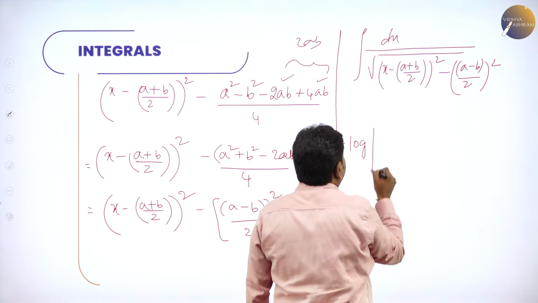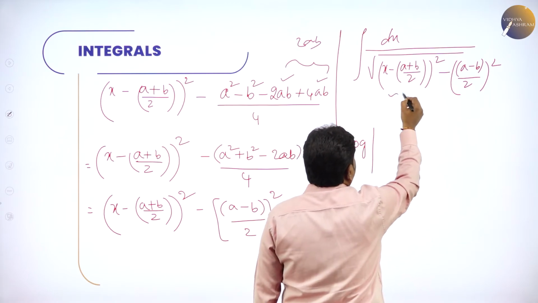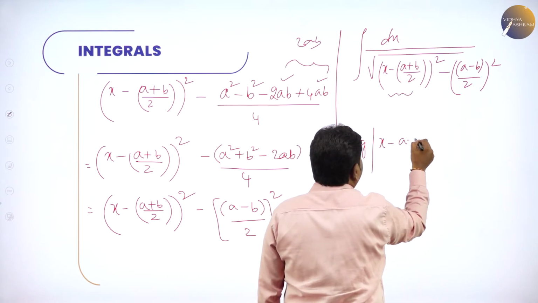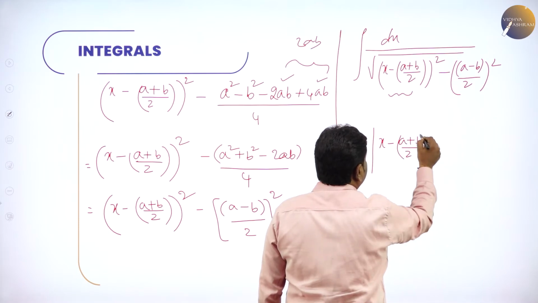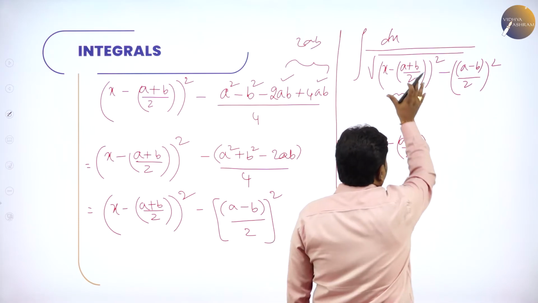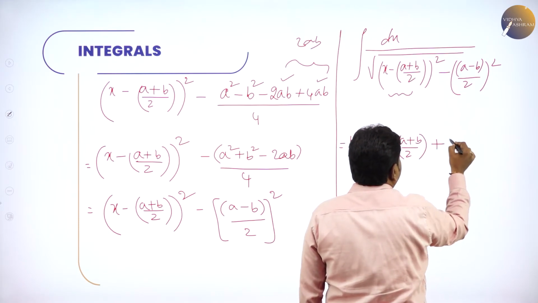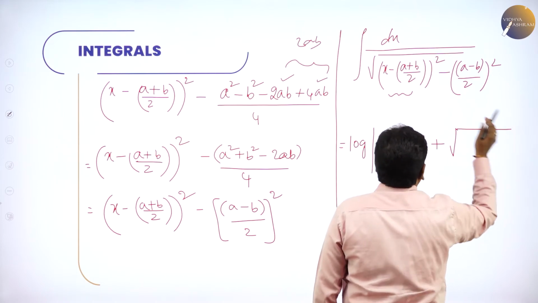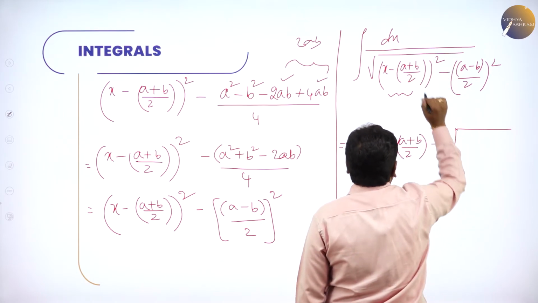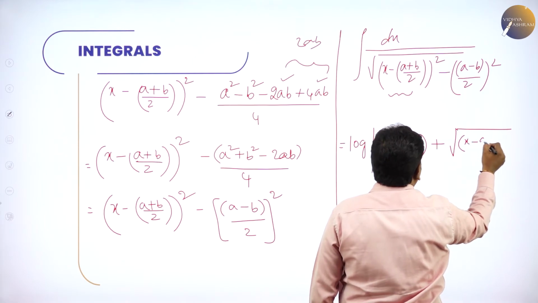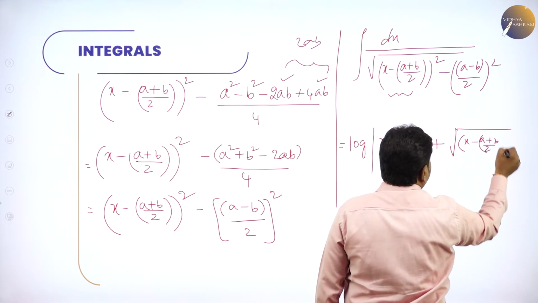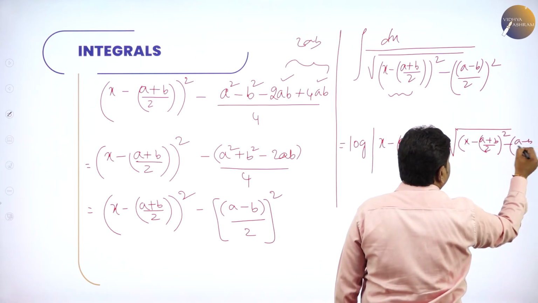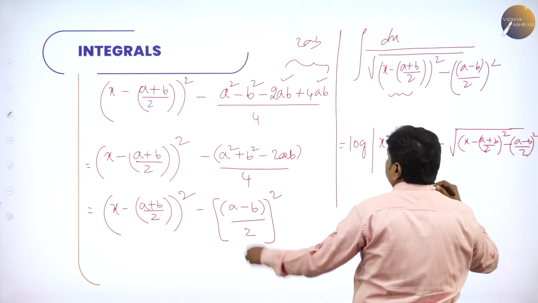Log of mod of x plus root of this whole thing, where in place of x we have x minus a plus b by 2, my dear students. So x minus a plus b by 2 the whole square minus a minus b by 2 the whole square is the same as the given problem.